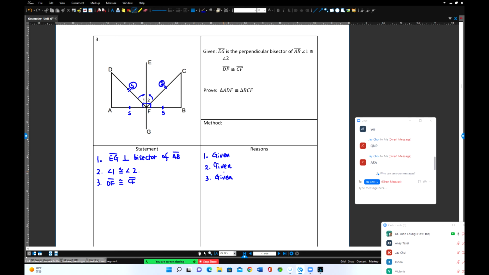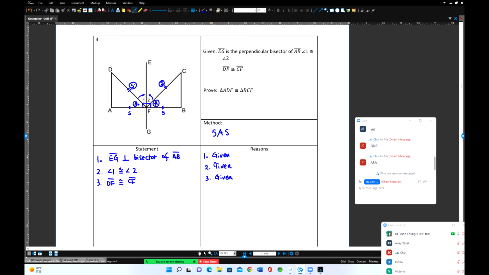Always two out of three are given, right? You can see that. We got the side. We need one more, this angle, isn't it? Using the complementary angle, right? So this one goes to side angle side, you can guess.